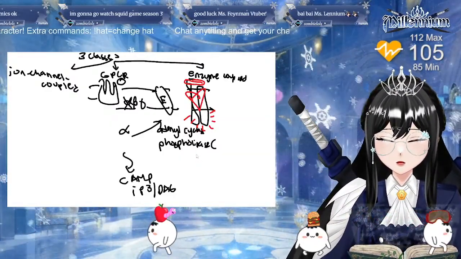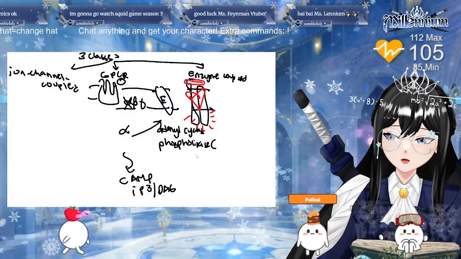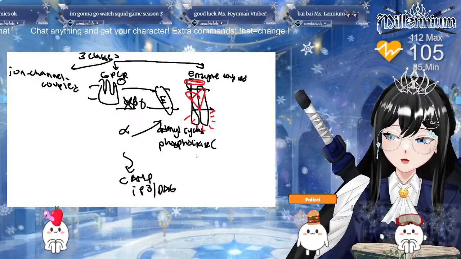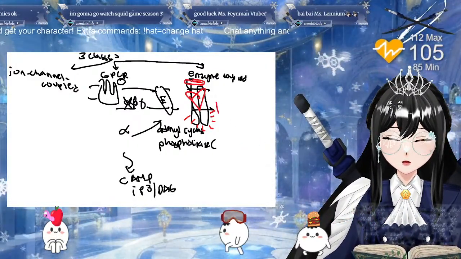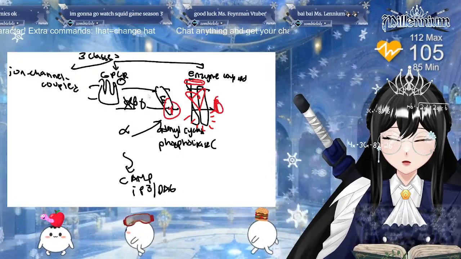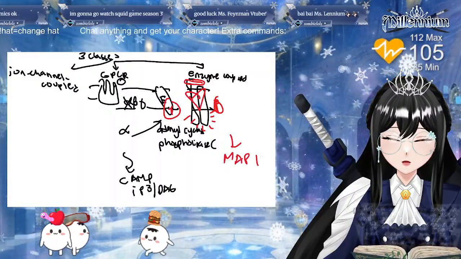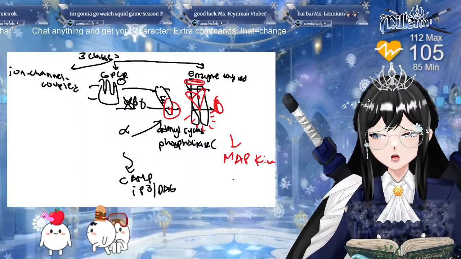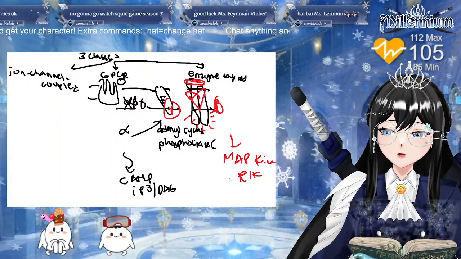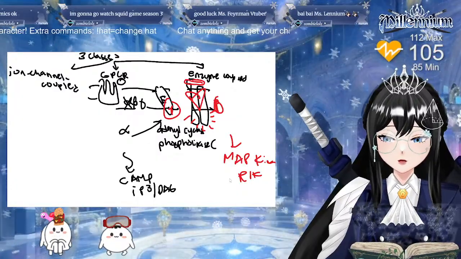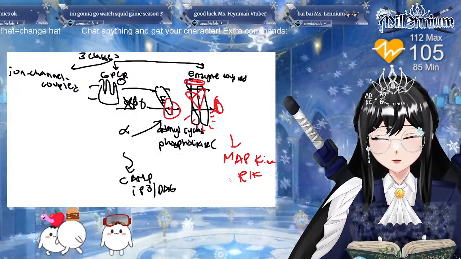Again, the ligand induces dimerization, and the dimerization activates the intrinsic enzymatic activity. The receptor then autophosphorylates itself, adding its own phosphate, and it activates cascades like the MAP kinase, that's the ERK pathway and so on. So that's the mini nutshell for the cell surface receptors. Just the cell surface for now.